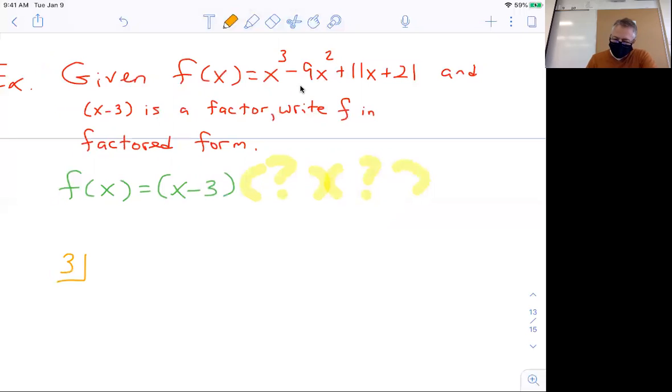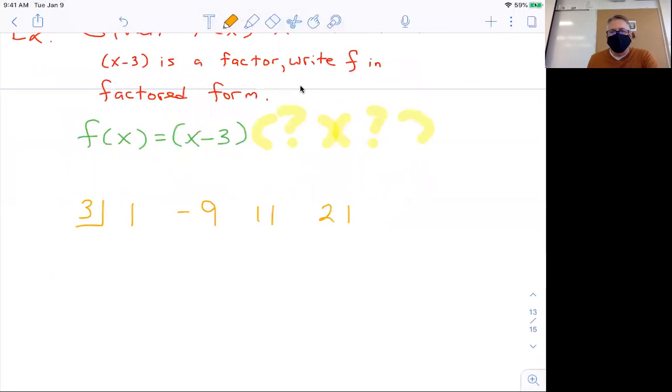And the chart uses the coefficients, which are 1, -9, 11, and 21. So I'm getting those coefficients from here, and I'm going to list them out: 1, -9, 11, and 21.